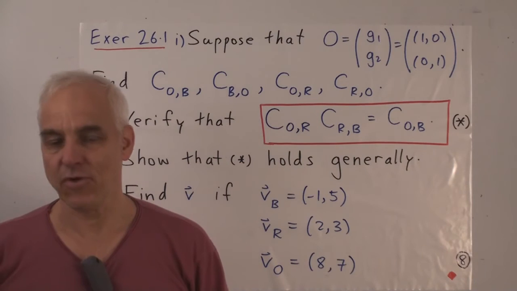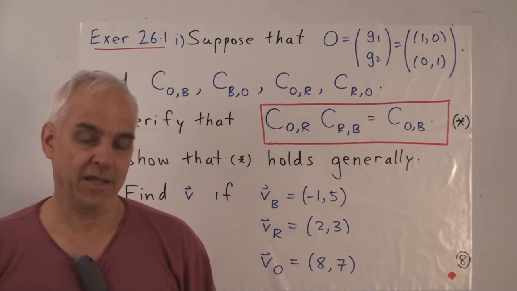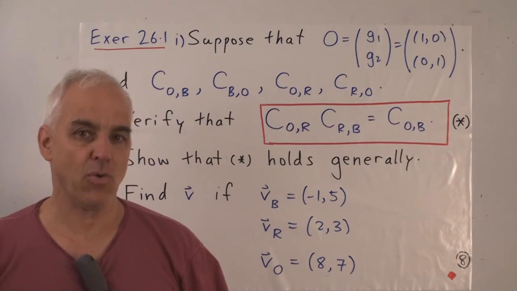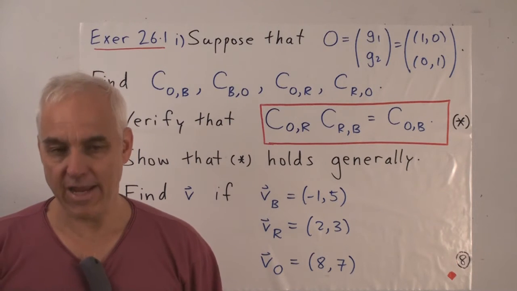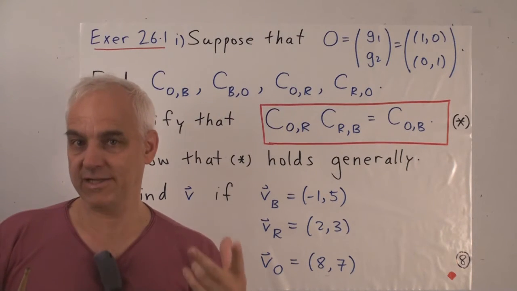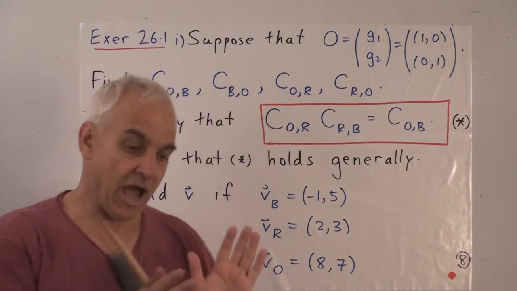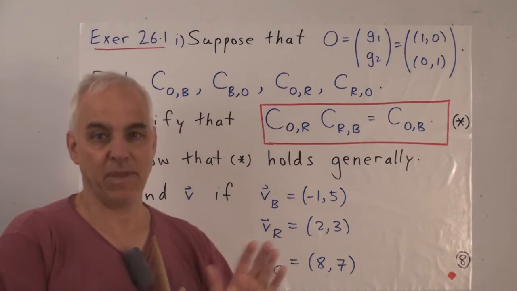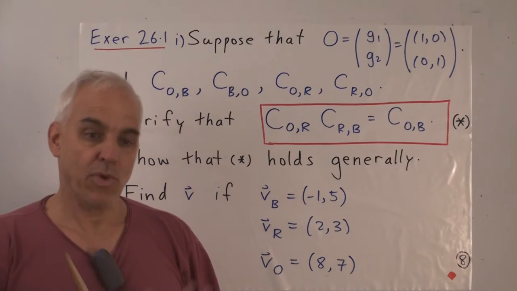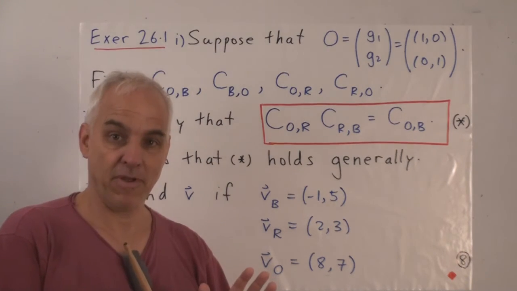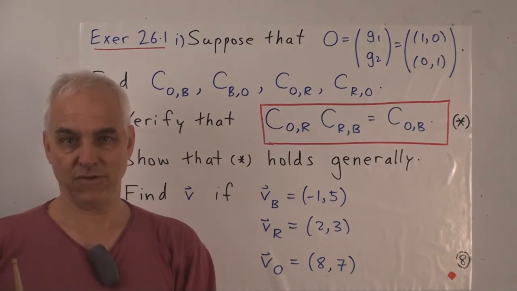Alright, so here's an exercise for you to solidify your understanding and also to suggest how we can go a little bit further and introduce a third basis into the story. So in that diagram of Rachel and Bob's basis vectors that I drew, we were actually looking at both of them from our own point of view.